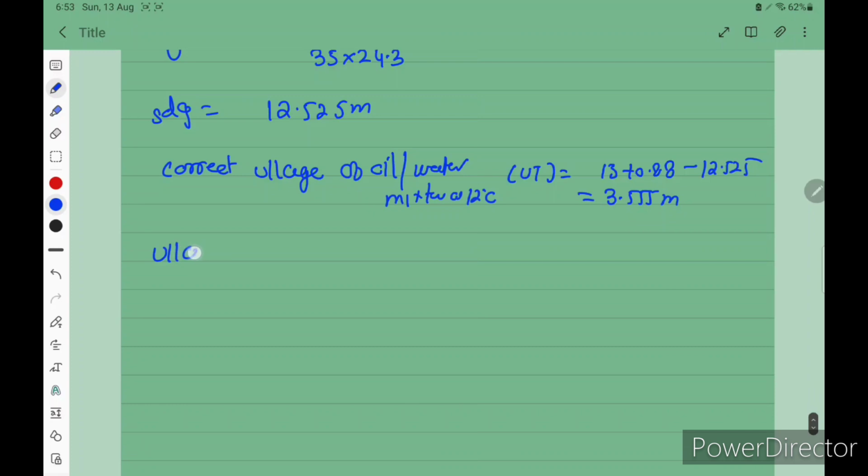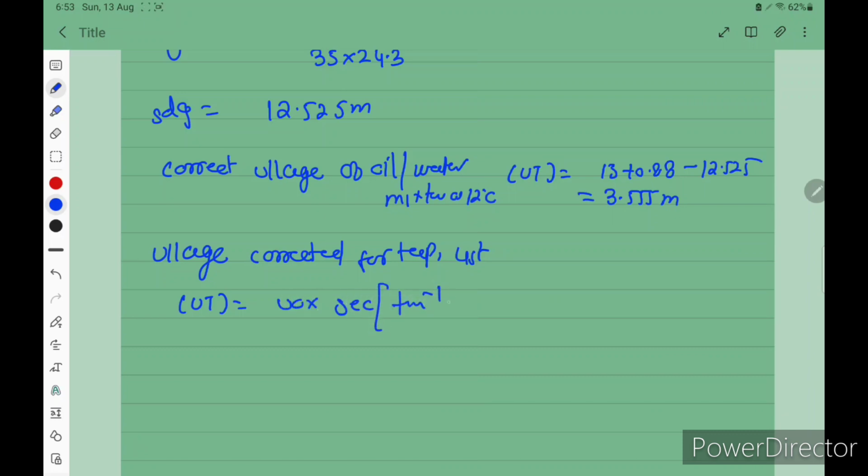Put the value in the formula. Ullage corrected for trim and list, because no trim. So UT is equal to UO into sec tan inverse trim by LBP plus or minus B tan theta.